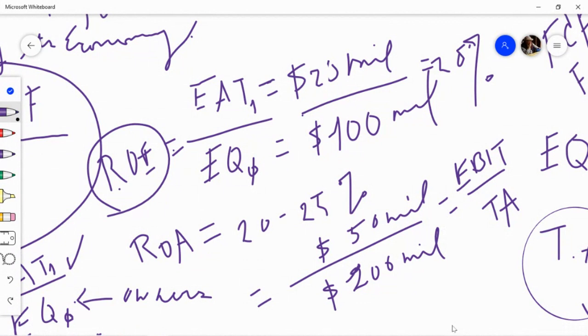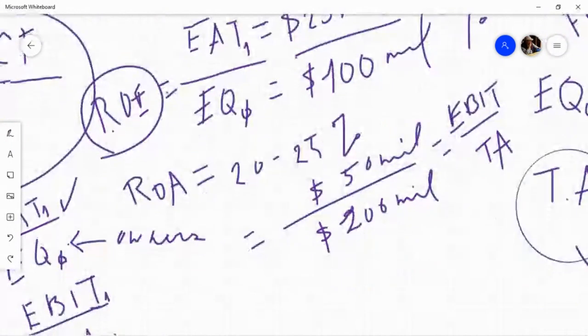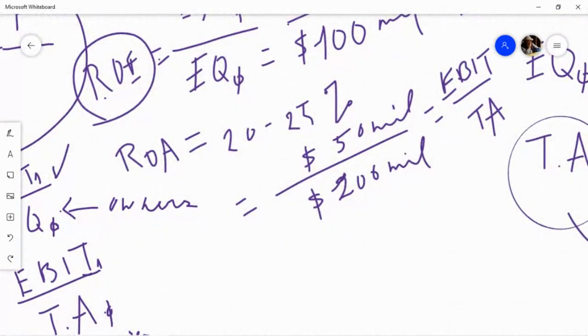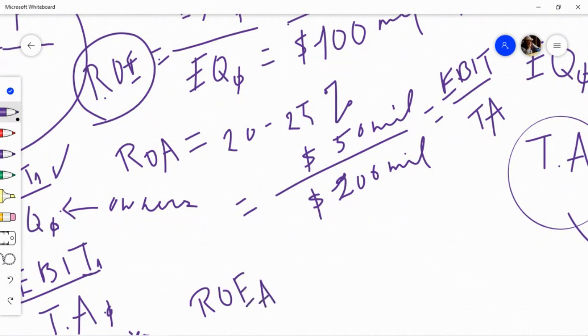What would be Apple's return on equity? I don't know, but this is just a thought experiment. Let's say Apple's return on equity is 15%, which is not that bad. Think about it.